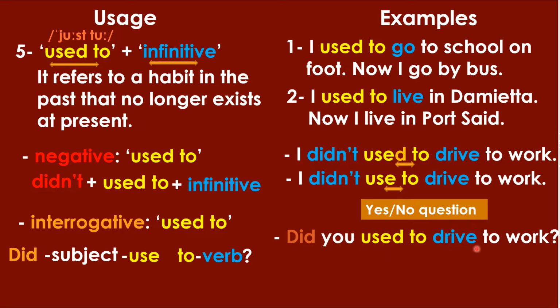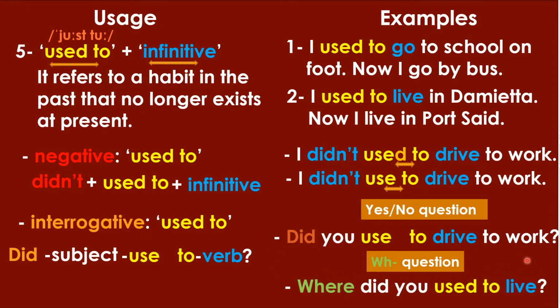Did you used to drive to work? Okay, and look here, we have the D, okay, and you can delete the D. So, did you used to drive to work? Both are right. And let's have a look at a WH question. Where did you used to live? And again, I can say, where did you used to live without the D?